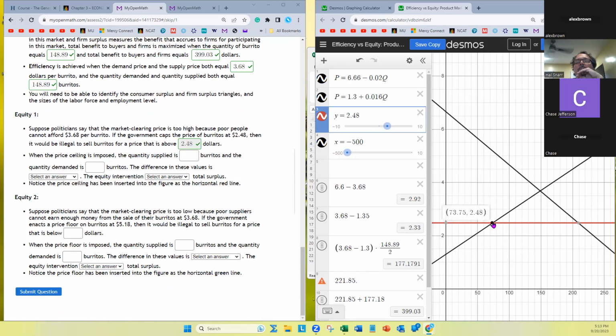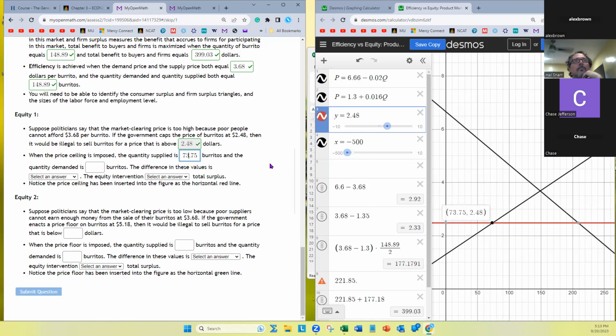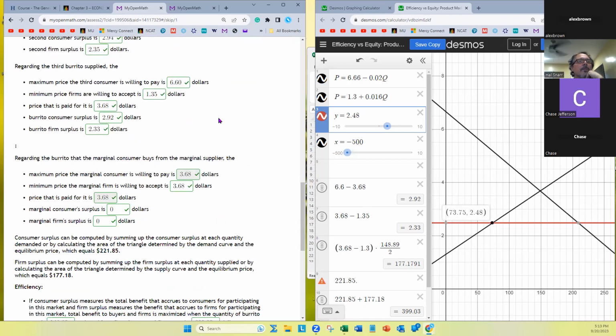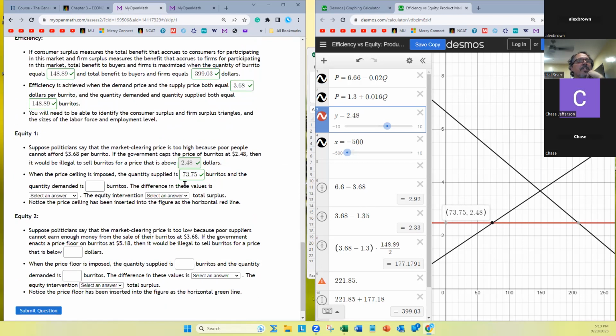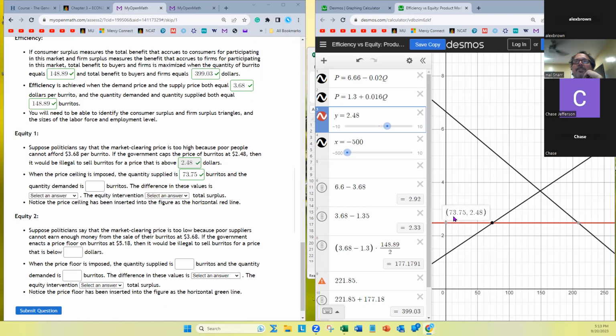So in my model, how much are firms supplying? 73.75 burritos, right? You see that? So I'm on the red line and I clicked on the supply curve, the intersection point, and I get 73.75, right? That's how much firms are supplying.